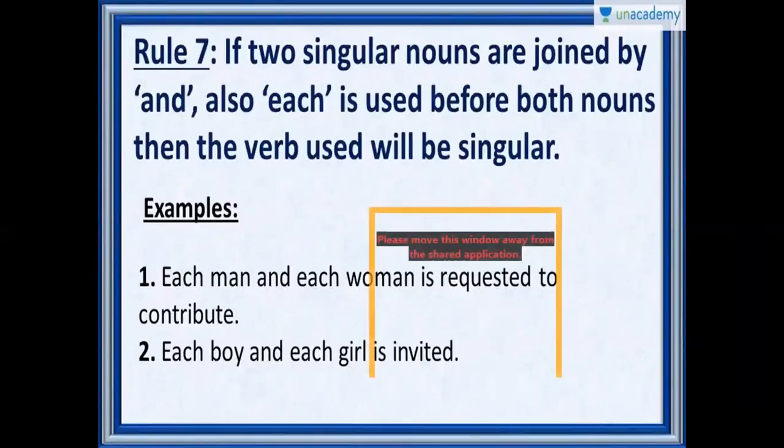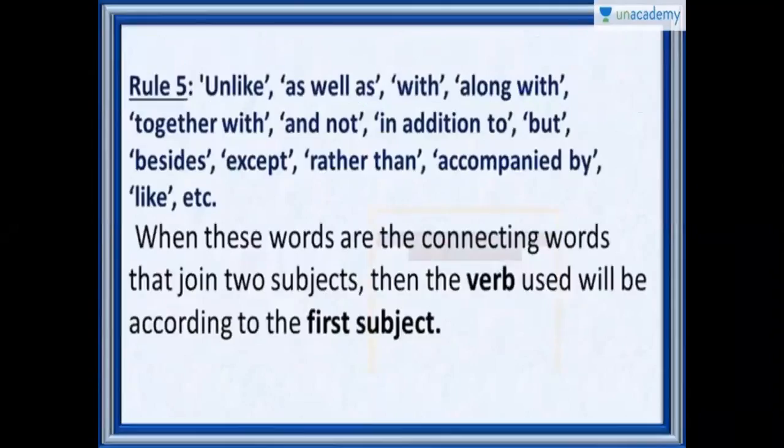See, all three rules are coming like this. Two singular subjects combined by 'and' become plural, the verb will be plural. Two singular subjects combined by 'and' representing one idea, then the verb will be singular. Two singular subjects combined by 'and' and preceded by the word 'each' before both the words, then the verb will be singular.